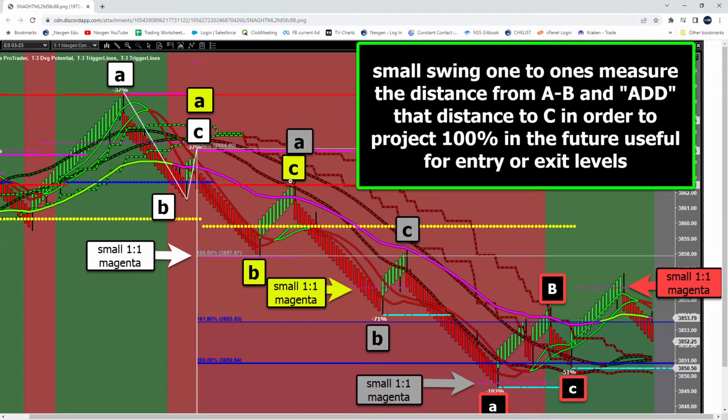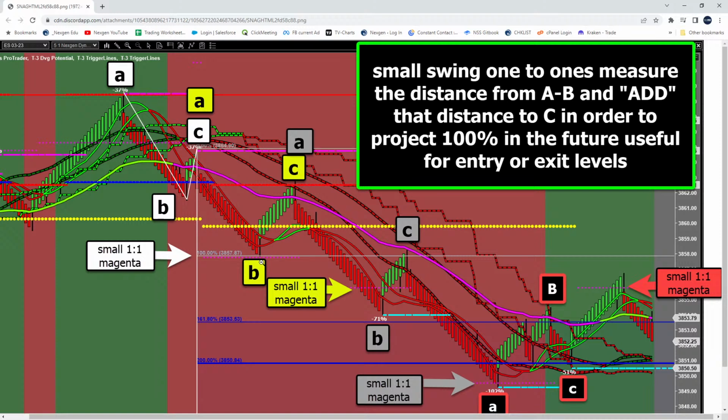The difference between the large swing and the small swing is that the large swing waits for significant higher or lower pivot trend changes before calculating one-to-ones, and that's why they're bigger. The smaller swing one-to-ones will calculate a little pink, or you can set it up for whatever you want. Mine are pink.